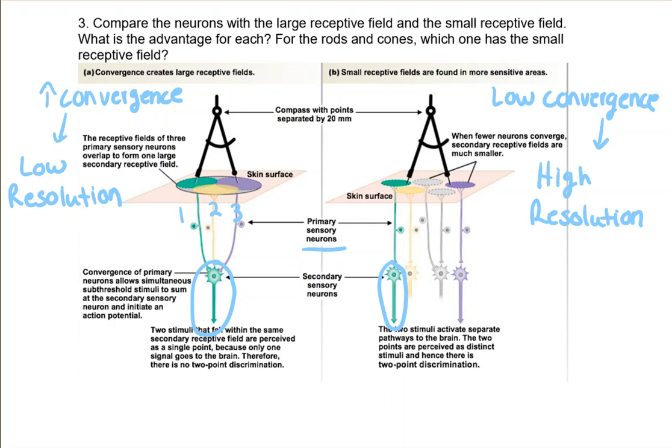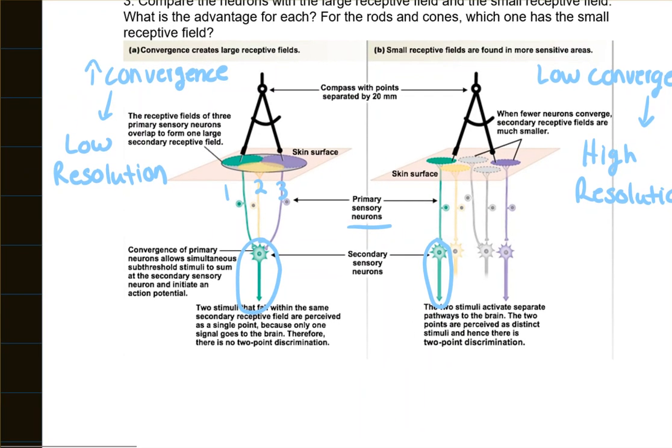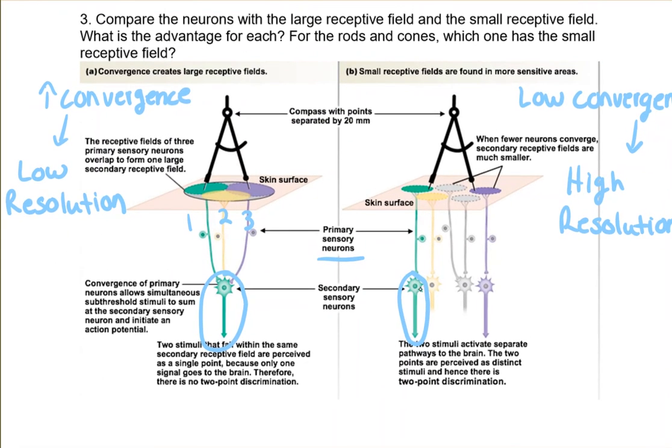Okay, so again, if we are saying the receptive field is related to the one that is going to send this information to our brain, then let's look at this secondary green neuron here. Well, this secondary green neuron is only getting its information from one other neuron, the green primary sensory neuron. So this green secondary neuron, its receptive field is only this small green area.